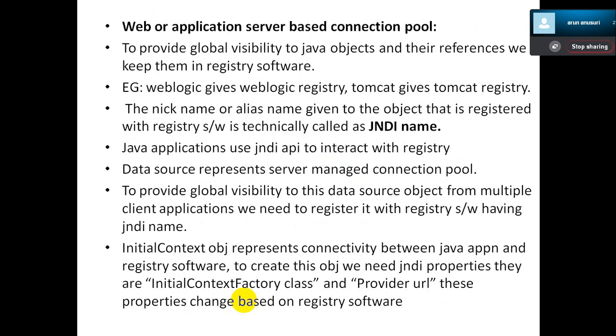To provide global visibility to data source objects from multiple client applications, we need to register our data source object with the registry software using a JNDI name or alias name.